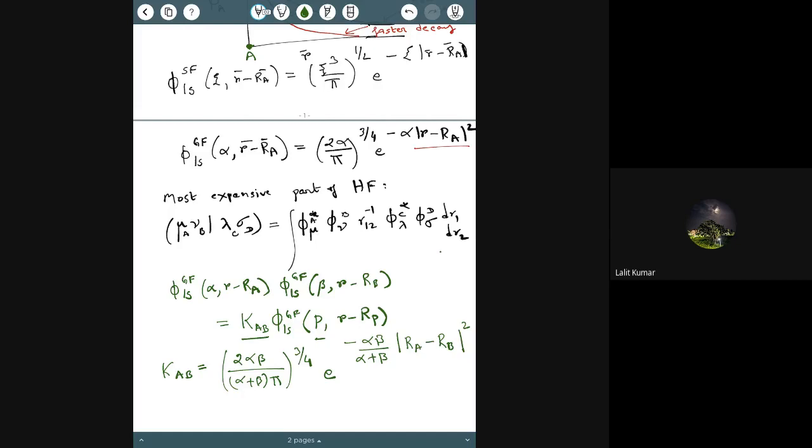And you also know P. So the exponent of this new function P is simply alpha plus beta.